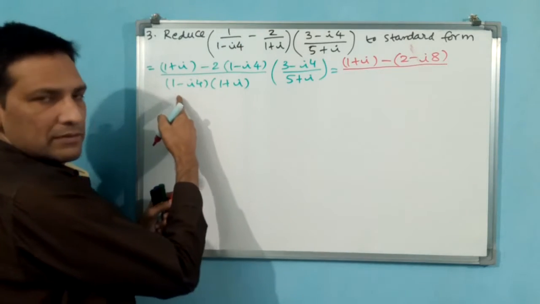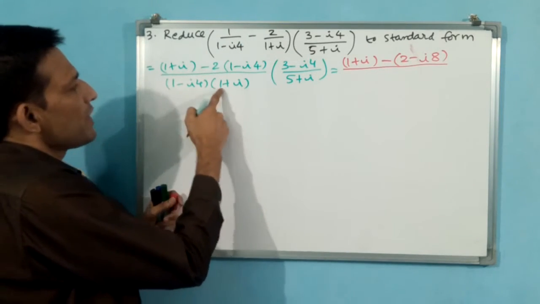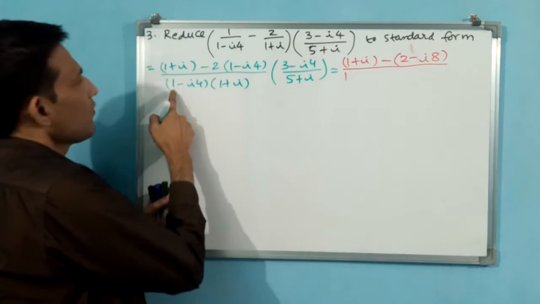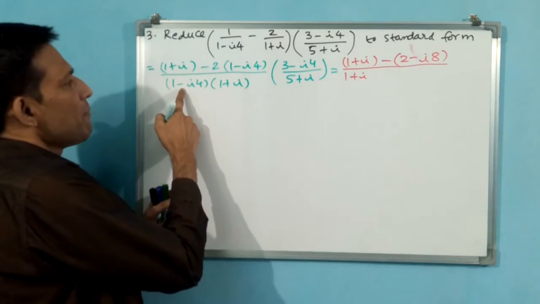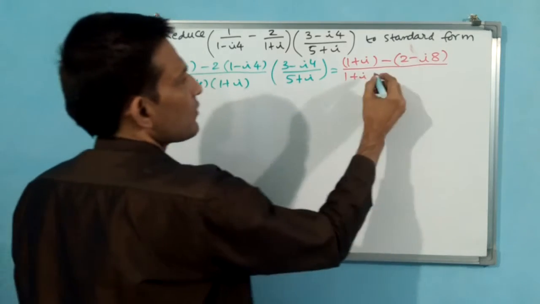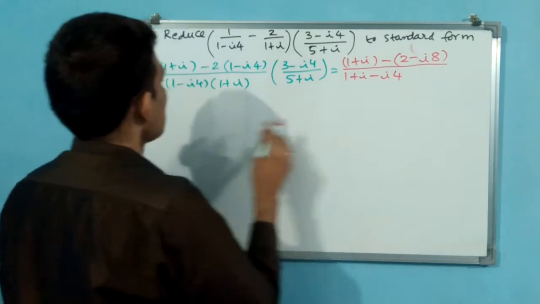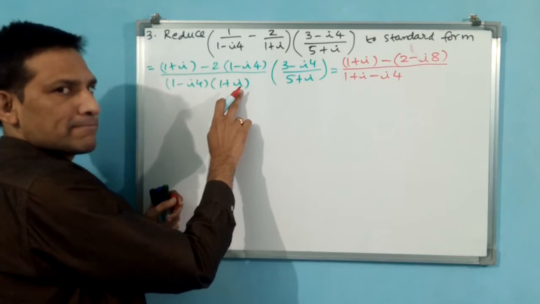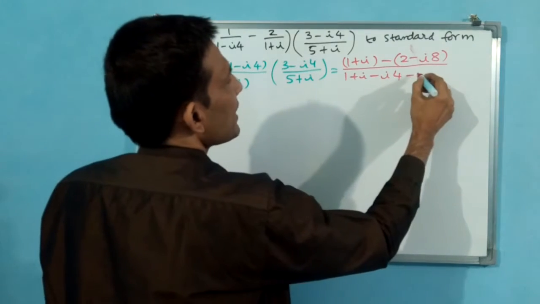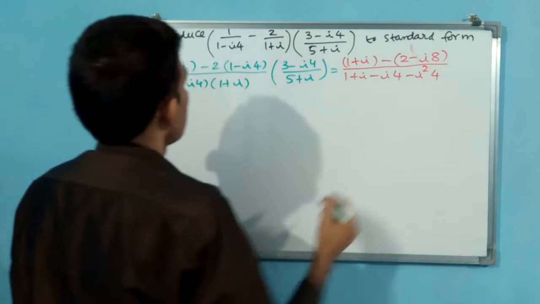Now come for denominator. 1 into 1, 1. 1 into i. Minus i4 into 1, minus i4 only. Minus i4 into i, minus i square 4.